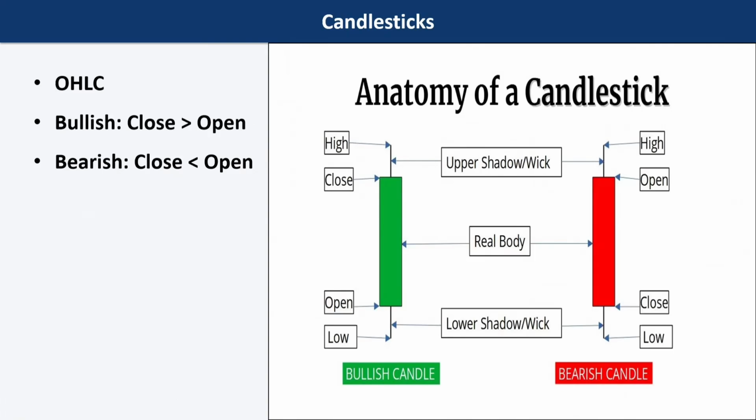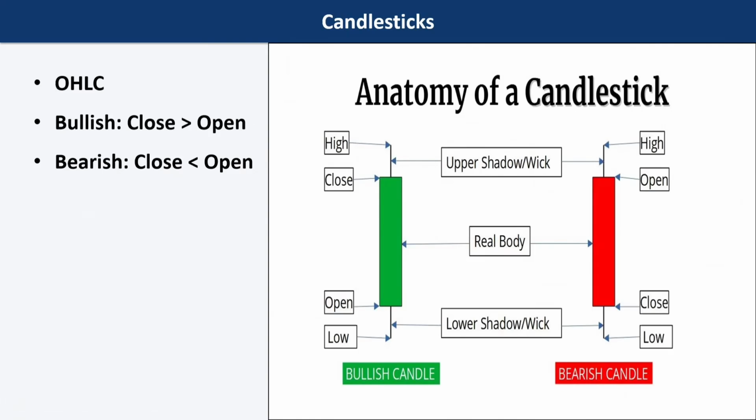I want to explain more. If a candle opens at 100 and closes at 110, then it is called a bullish candle, right? Say if the open price is 100 and the closing price is 90, that means it is called a bearish candle.